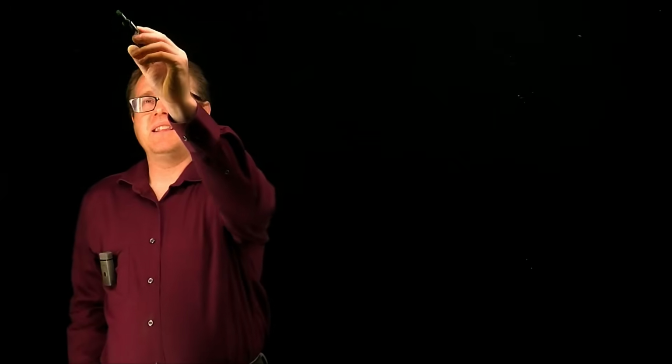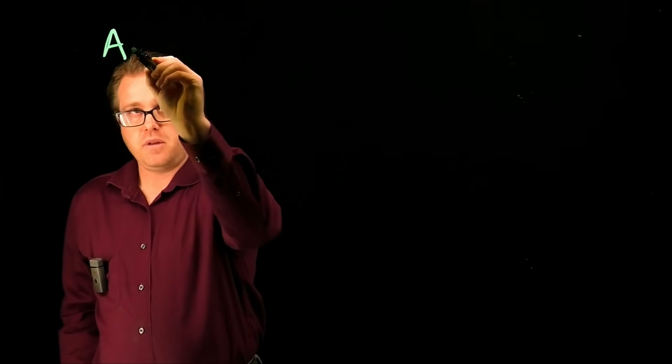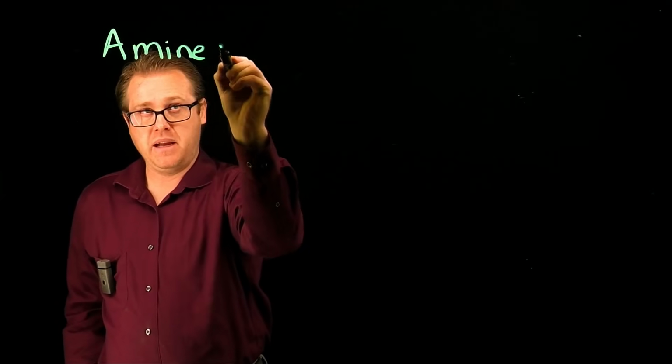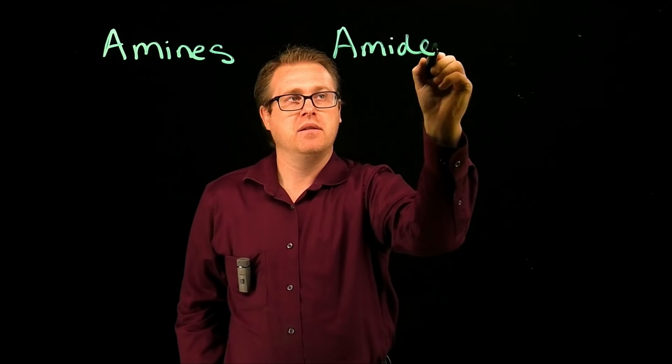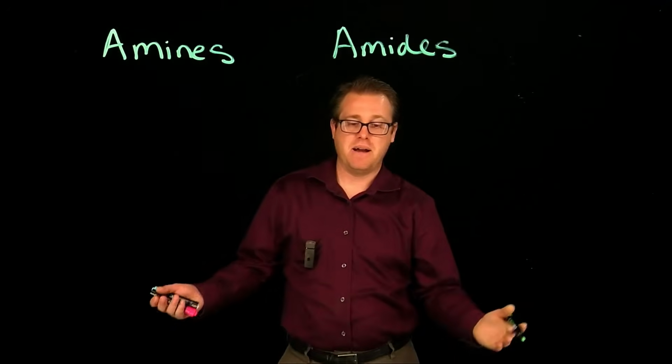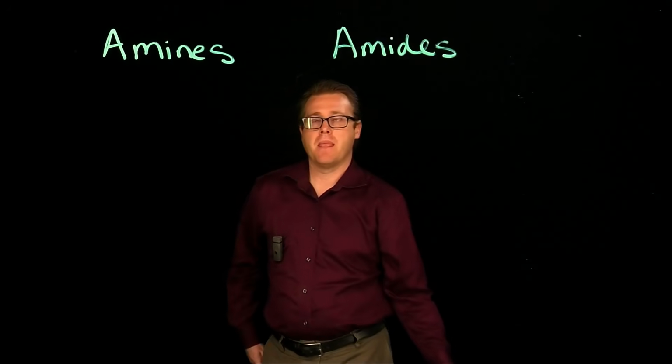Now these sound very, very familiar or similar to one another and can often lead to confusion, but I'm hoping that you will pay close attention, that you can see that there's going to be a difference here. We have something called amines and amides. You see how they're spelled differently, okay?